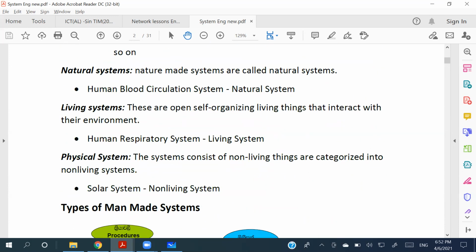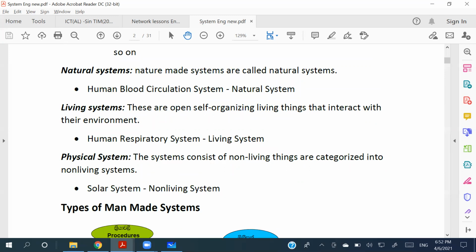As well as we can categorize those things like living systems and physical systems or non-living systems, right? So living means all the animals, humans, and all these things are involved, plus the trees, right? So those are called living systems. And physical systems are called the non-living systems, right?